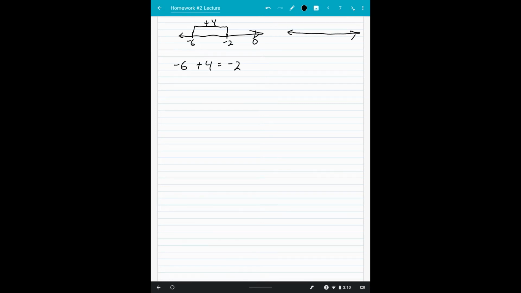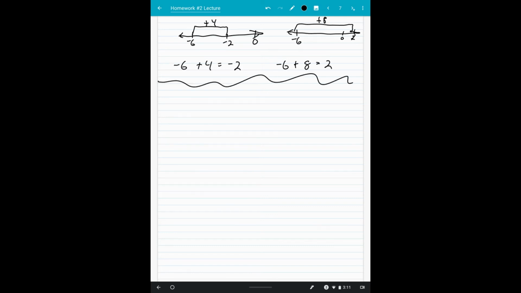Whereas if it was negative 6 plus 8, when I add 8, that gets me past the 0, so it becomes positive. Jumping across the positive and negative becomes a bit more difficult with adding and subtracting.